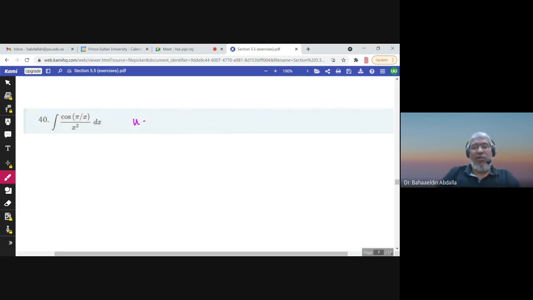I will take u to be pi over x. The derivative of pi over x is negative pi over x squared. Derivative of 1 over x is negative 1 over x squared, and pi is there, it's constant, dx. So what do I need?